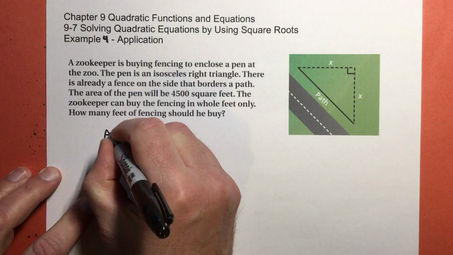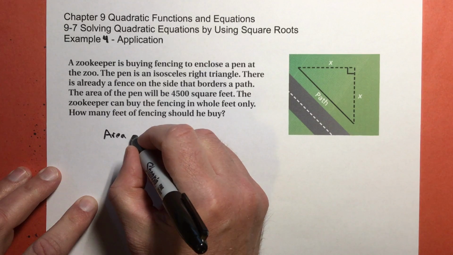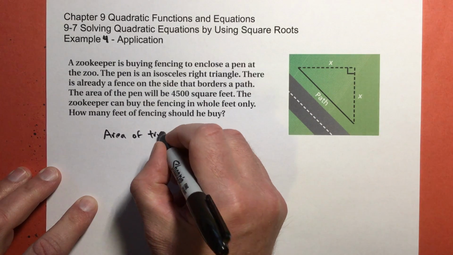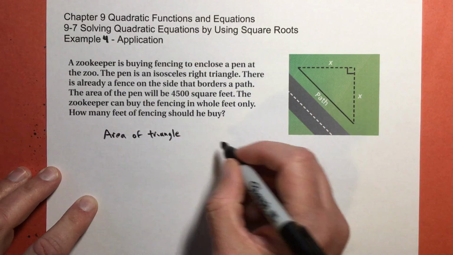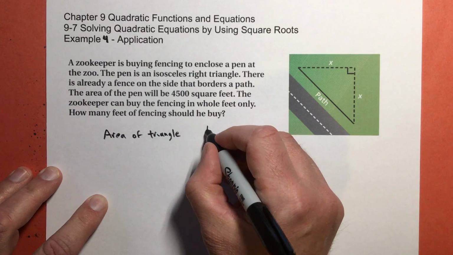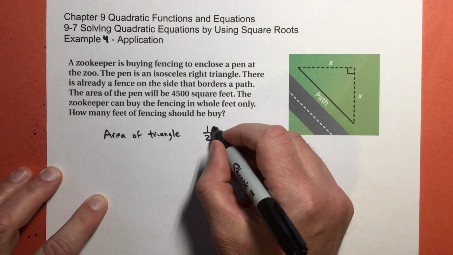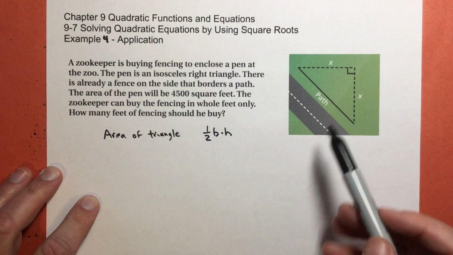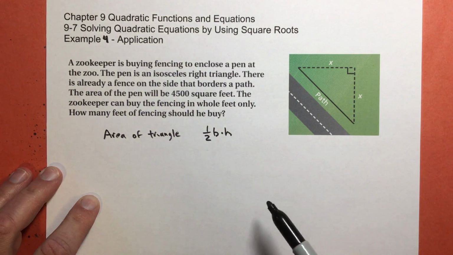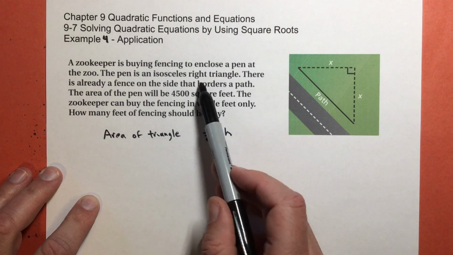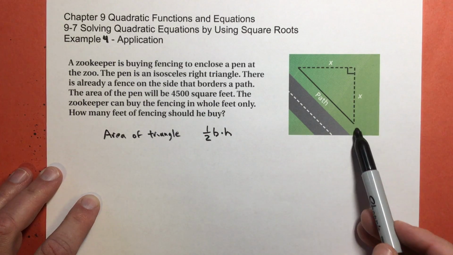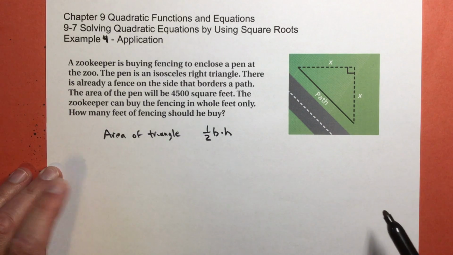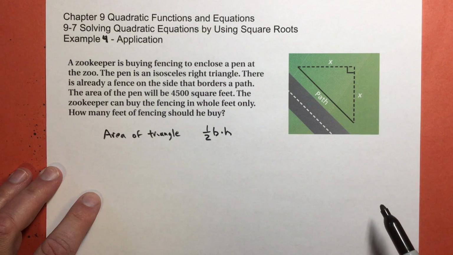The area of any triangle, which includes this one, is going to be 1/2 times the base of the triangle times the height of the triangle. And the base and the height have to be at right angles to each other. Since this is a right triangle, that's just going to be these two sides. We call them the legs of the right triangle, but you don't need to know that right now.